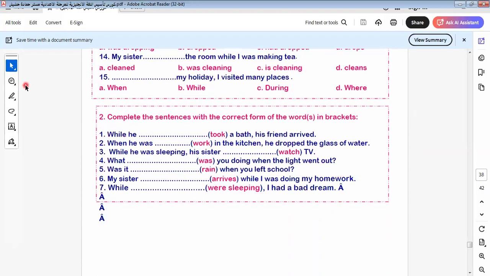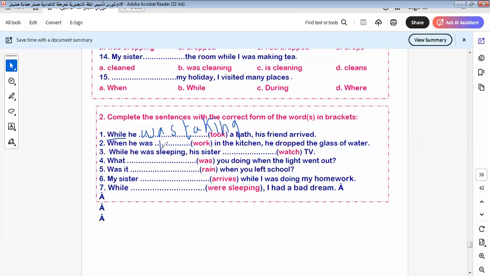Okay. Let's go to another exercise related to this part. While he was taking. Why here? Because, as we told you before, while must be followed by the past continuous form. So the verb after while must be in the past continuous form like this: was taking.